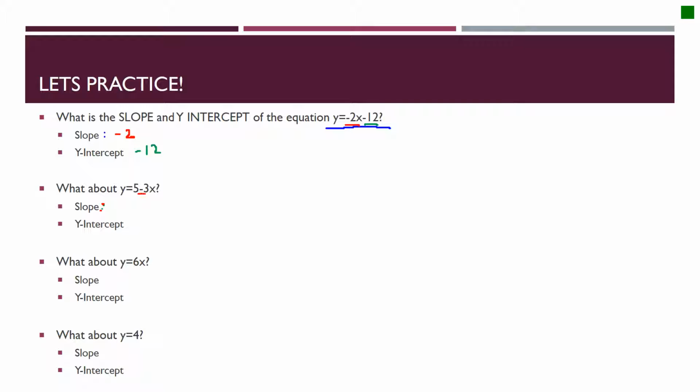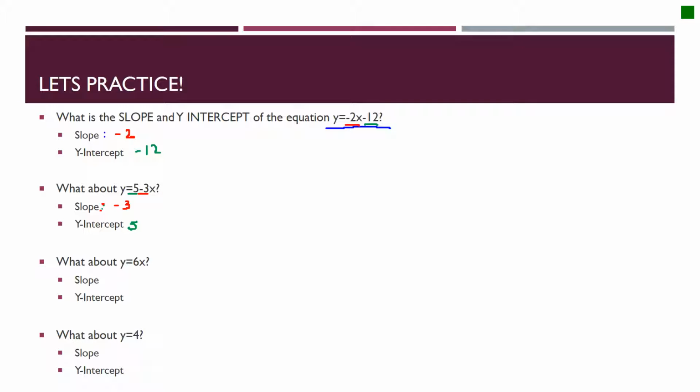So the number being multiplied by x is a negative 3, so that's going to be your slope. And the other number on that side of the equation is a negative 5. So negative 5 is your y-intercept. Go ahead and pause your video again, and then try and find the answers on your own to this next one.